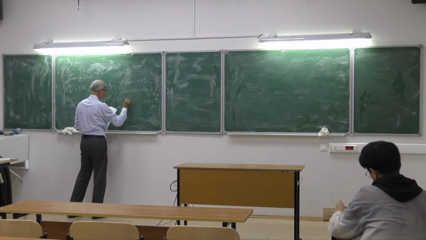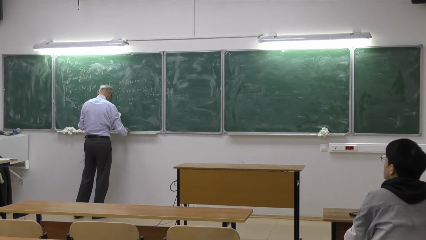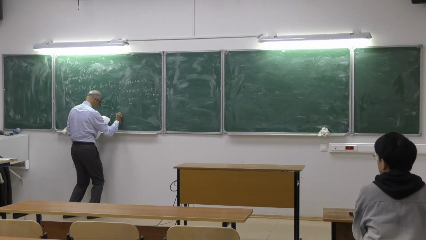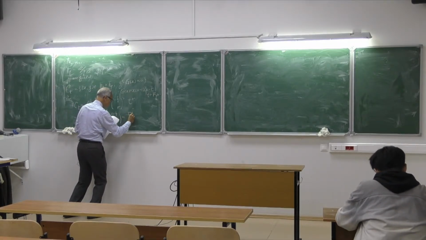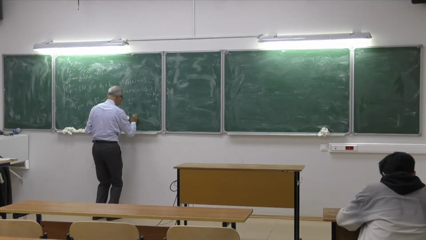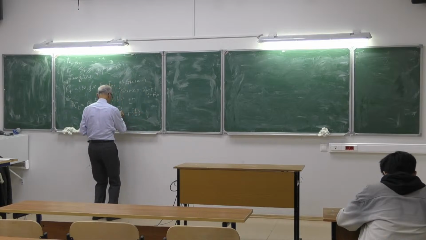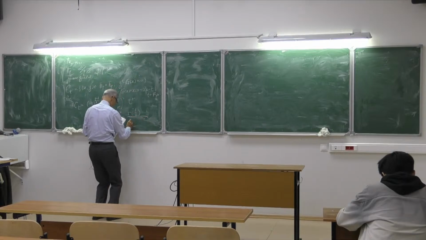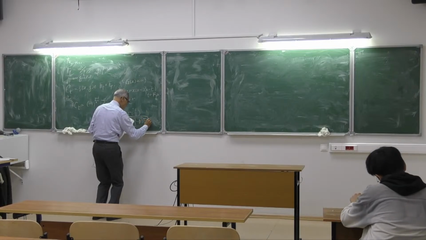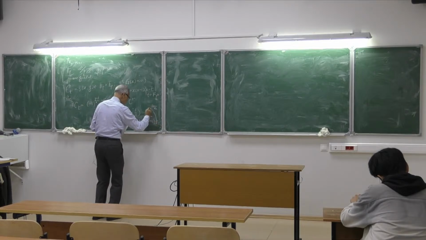Square minus equals gamma square minus r gamma square.